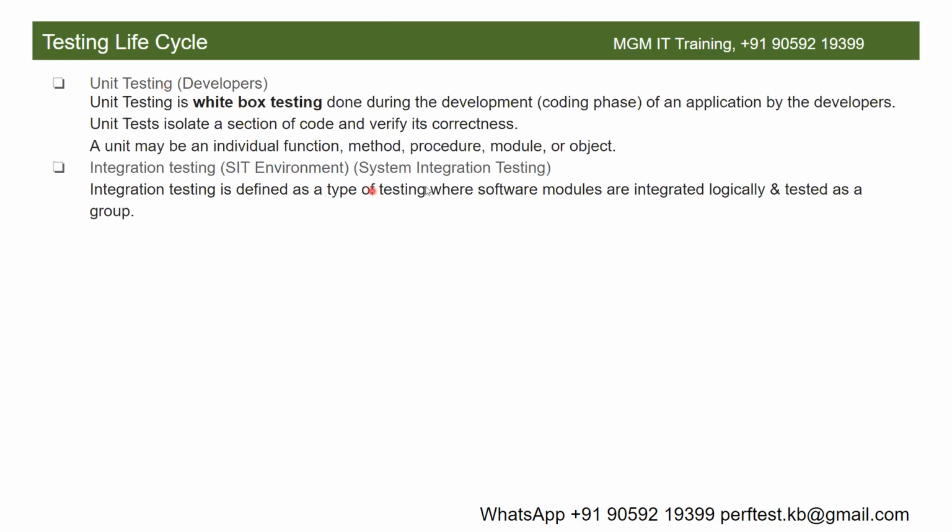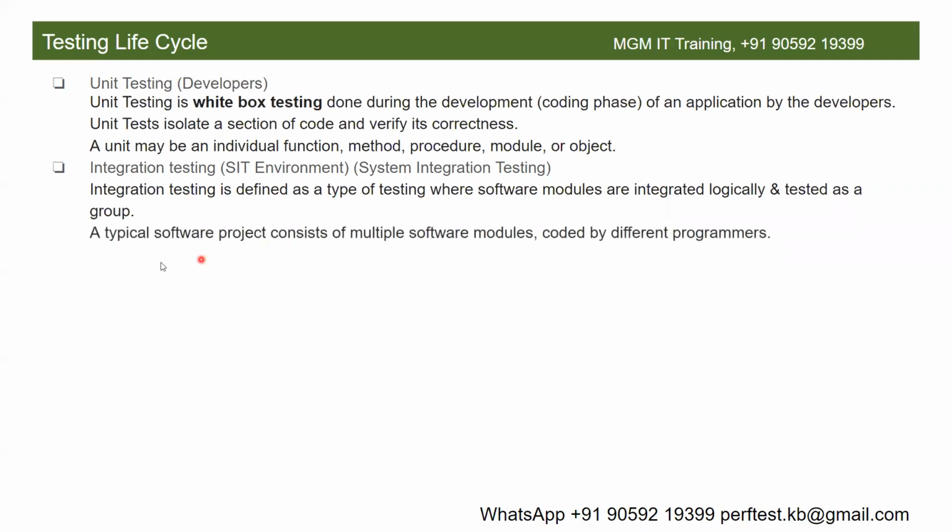Later on, all these modules, different pieces of code, are combined together and tested as a group, and that is called integration testing. A typical software project consists of multiple software modules coded by different programmers.